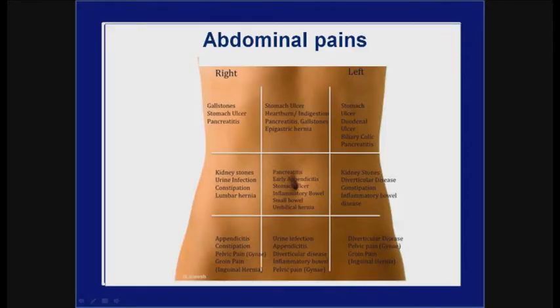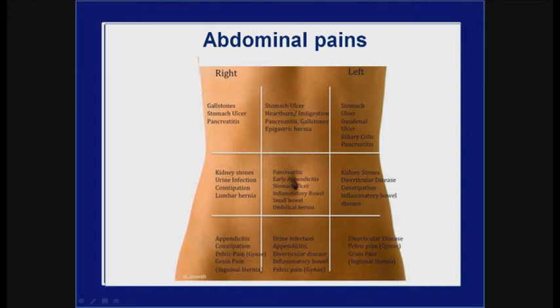On the right lumbar area, we've got kidney stones, urine infections, constipation, and lumbar hernias. And on the left side, we've got, again, similar: diverticular disease, constipation, inflammatory bowel disorders. And around the umbilicus, again, pancreatitis, early appendicitis, stomach ulcers, inflammatory bowel conditions, and umbilical hernias.